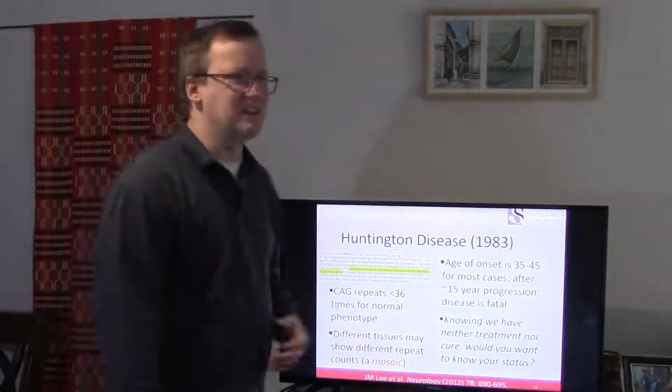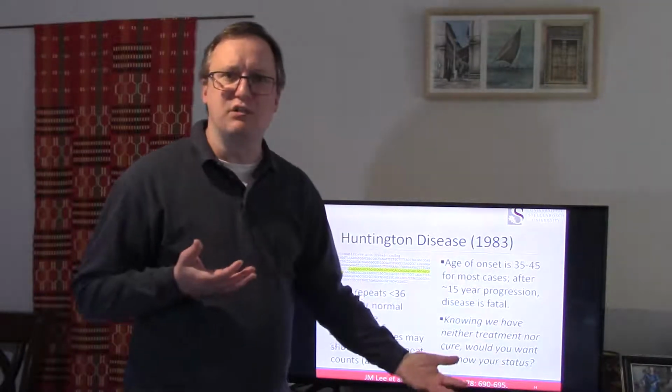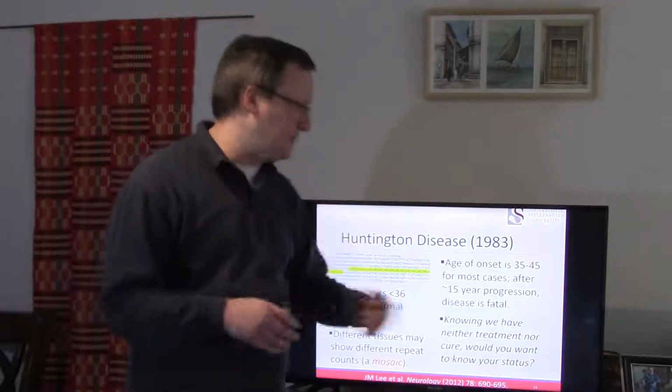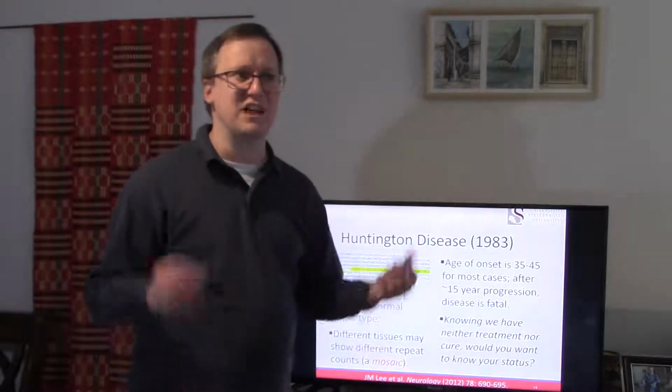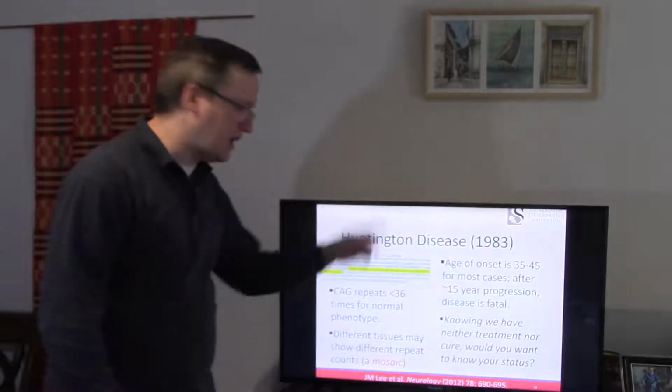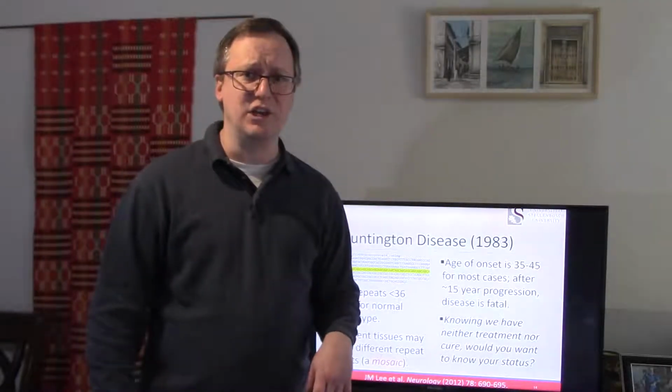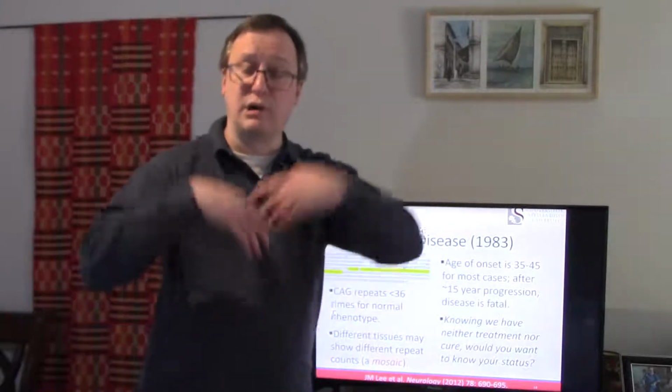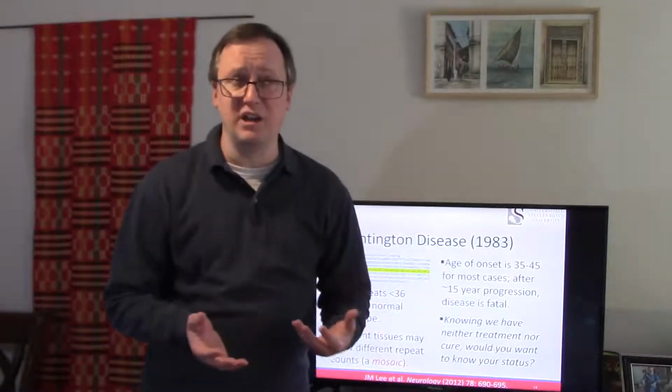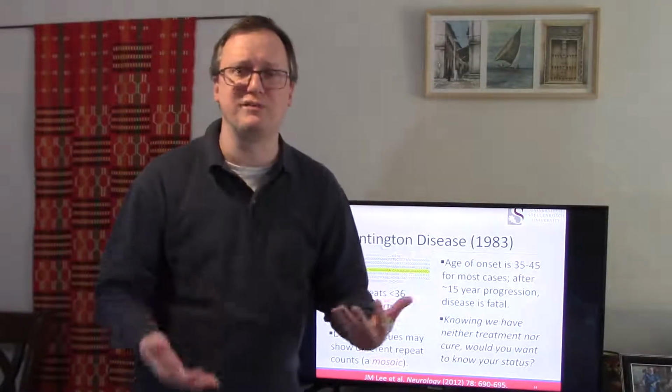So this is a marker that you would like to know about then. If you're developing the symptoms of Huntington disease and you suddenly discover that you've got 100 copies of this repeat in that gene, the severity and the progression of this disease may be commensurately more difficult.